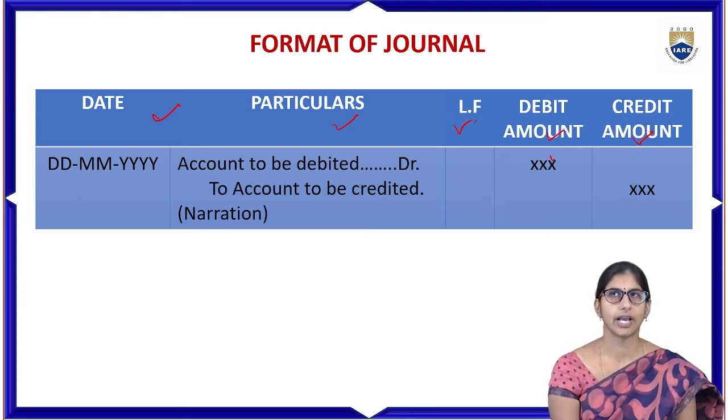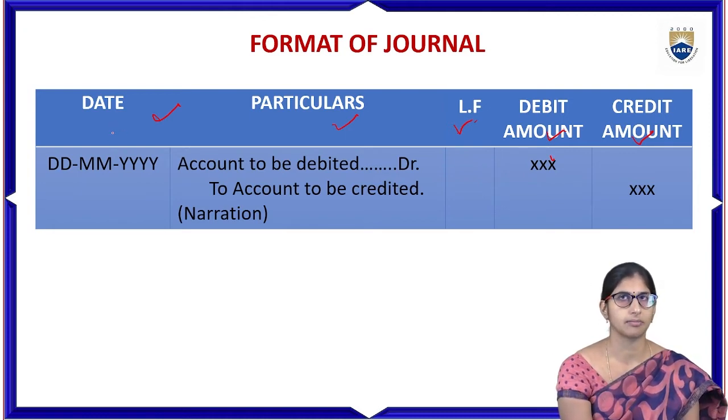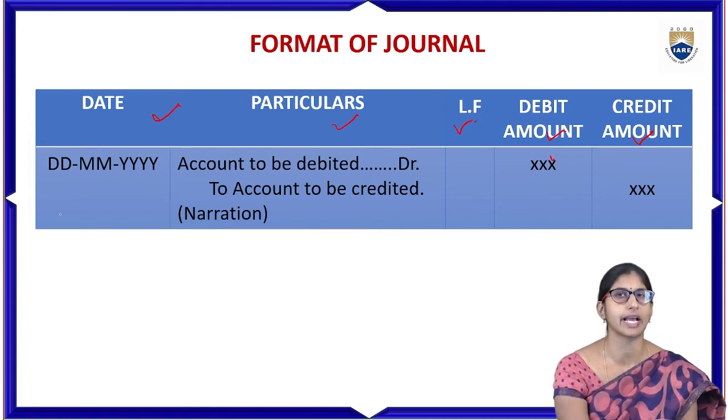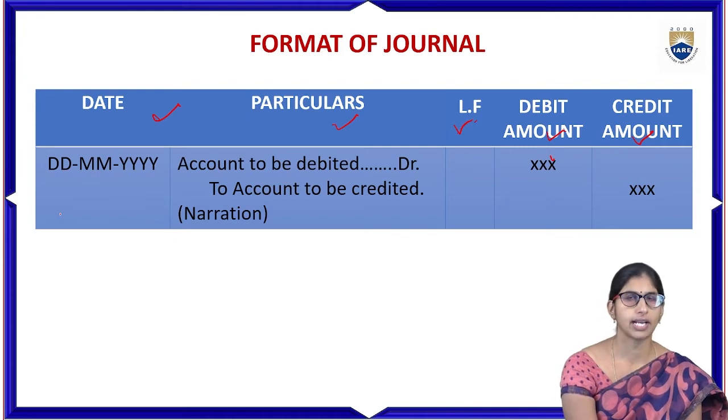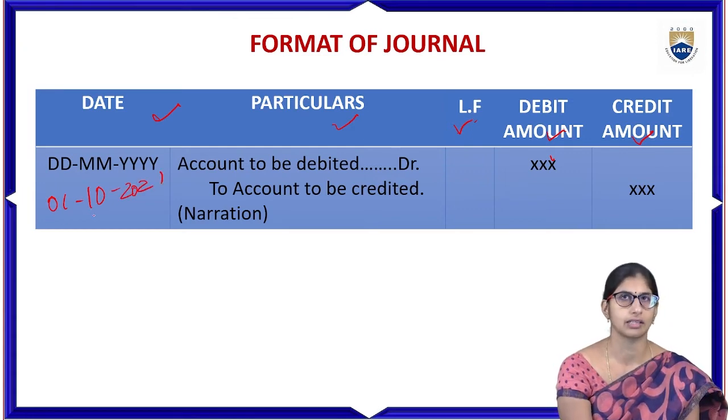In the first column, which is date, we write on which date the transaction has taken place. For example, on 1st October 2021 the transaction has taken place. We write it like this, 1st October 2021.